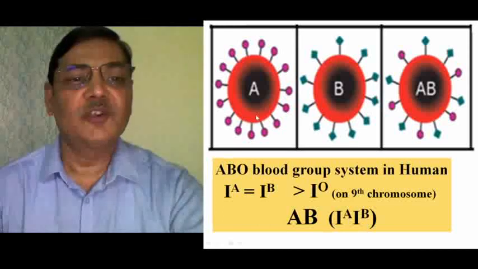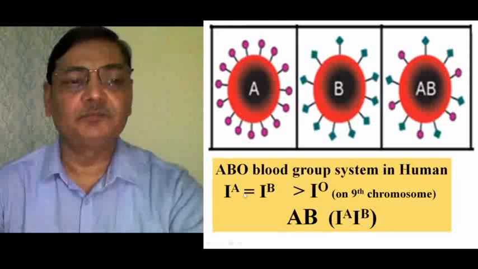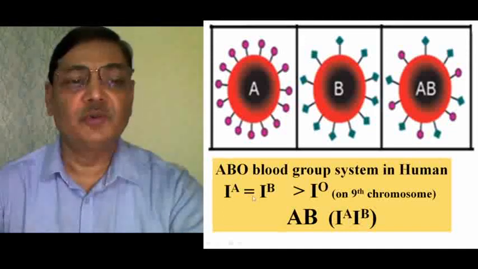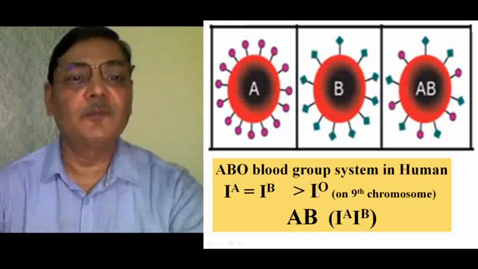We know that the IA allele is codominant to IB, meaning both are able to express themselves, whereas IA and IB are both dominant over IO. To explain which two are codominant, an equal sign is used, and both are dominant over IO. By writing this, we can understand their nature.